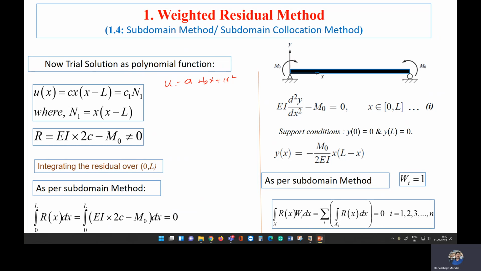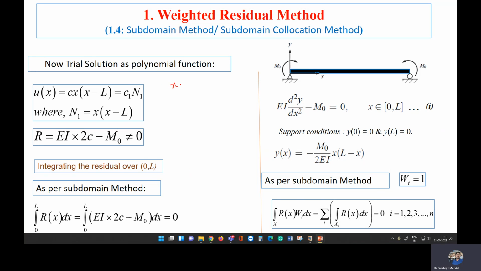For the simply supported beam, u is equal to 0 at x is equal to 0, and u is equal to 0 at x is equal to L. In other words, the trial function must satisfy the boundary conditions of the actual solution.